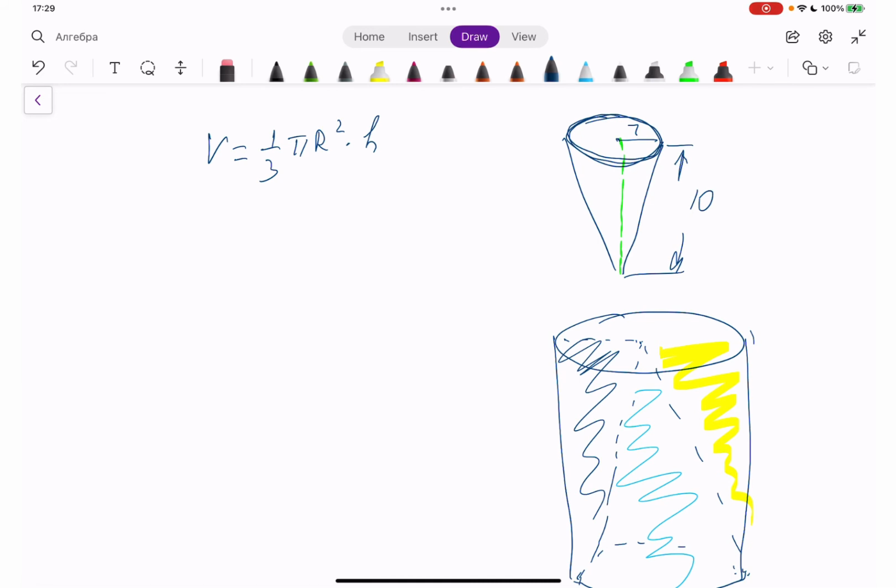Okay, let's solve it. Volume is going to be equal 1/3 of 3.14 times radius 7 squared. I'll put twice 7 times 7. And h height is 10. Okay, there is nothing to divide, so we are going to go through entire math, which is going to be 3.14 times 7 times 7, 49, and then times 10. I'm getting 1538.6 divided by 3.